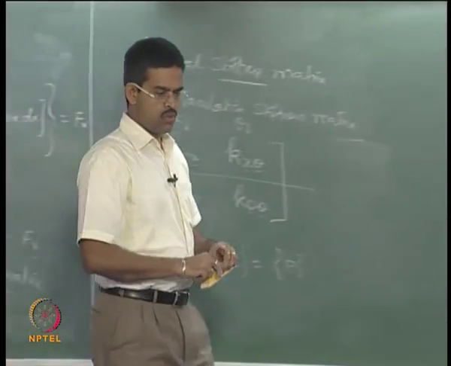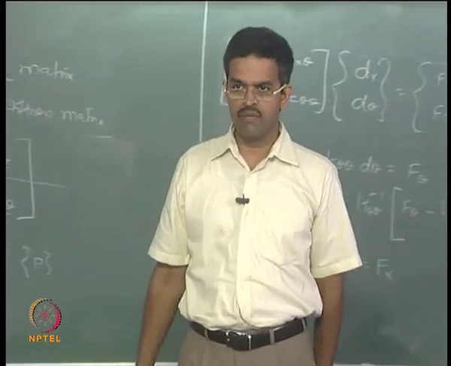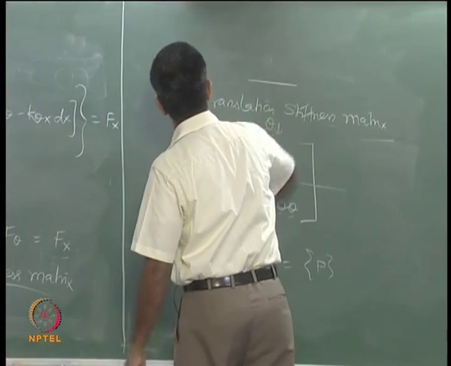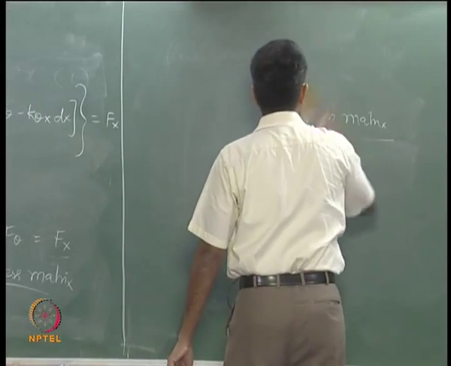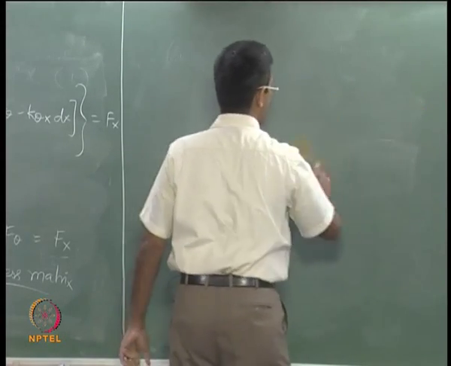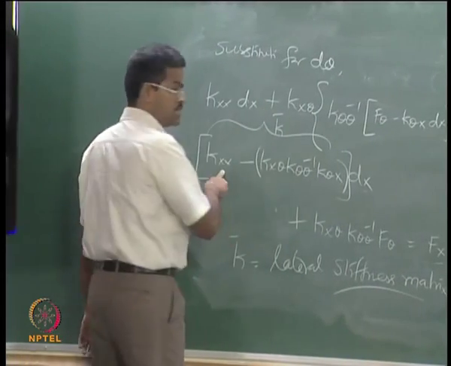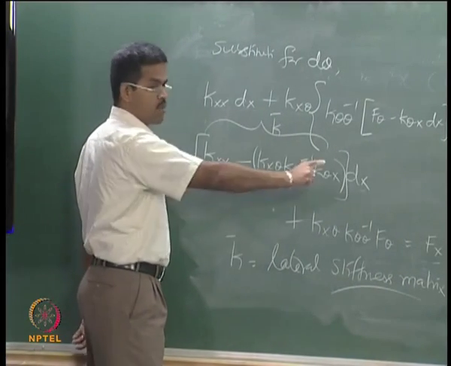So, if you want to derive the stiffness matrix once again, you may not remember it. There is a very easy shortcut to remember this. I will tell you the shortcut quickly. So, I want to remember the lateral stiffness matrix of Kxx. I can write the same equation very simple here.